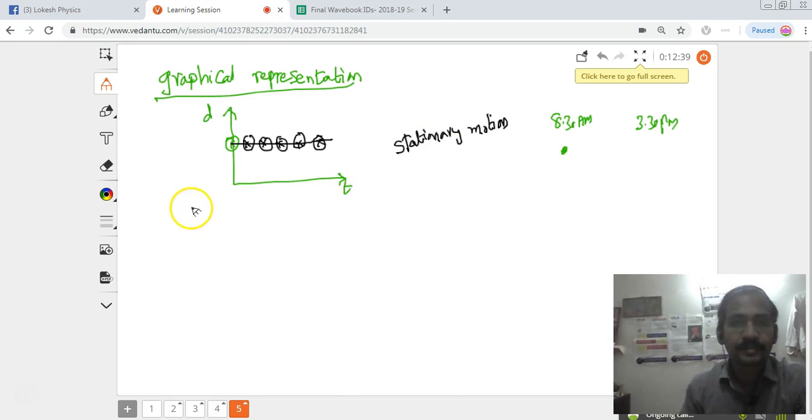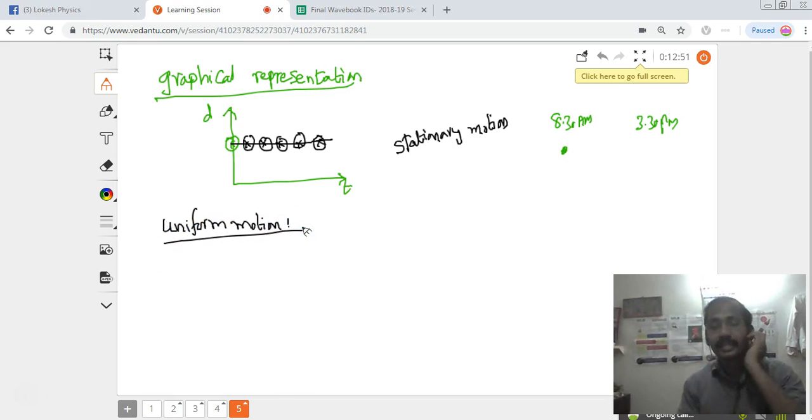Next, uniform motion. Already we discussed what uniform motion is. If an object travels equal distances in equal intervals of time continuously, it is called uniform motion.